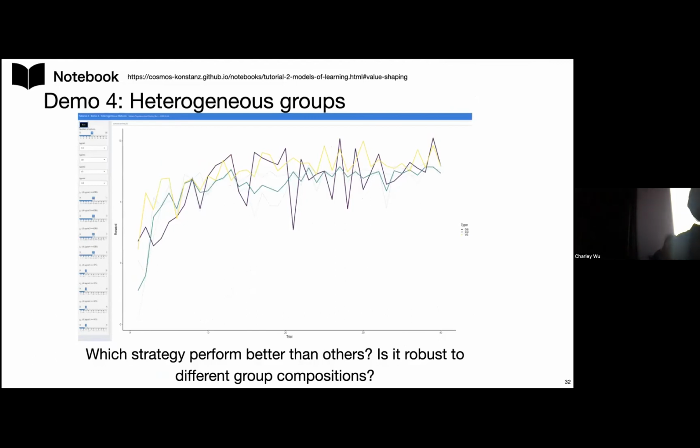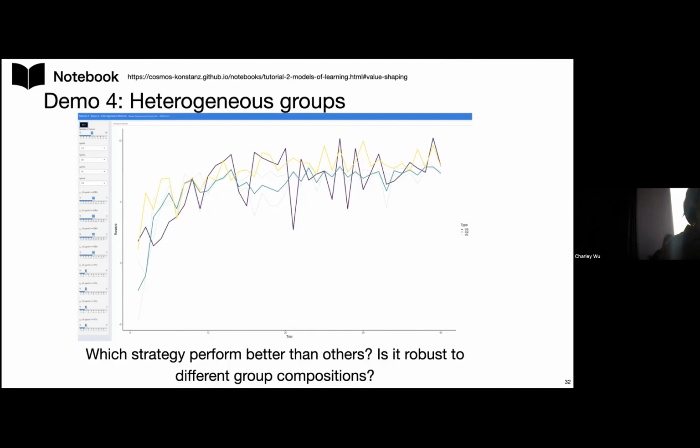Now, rather than simulating a pure value-shaping population, in the next demo you can run a mixed population. That is a 4-agent group, and you can change each agent's behavior strategy and each associated parameter.